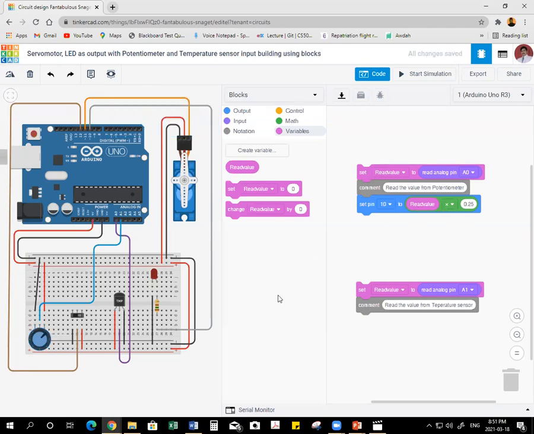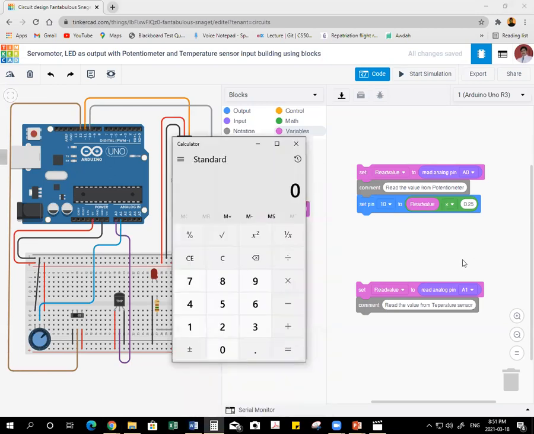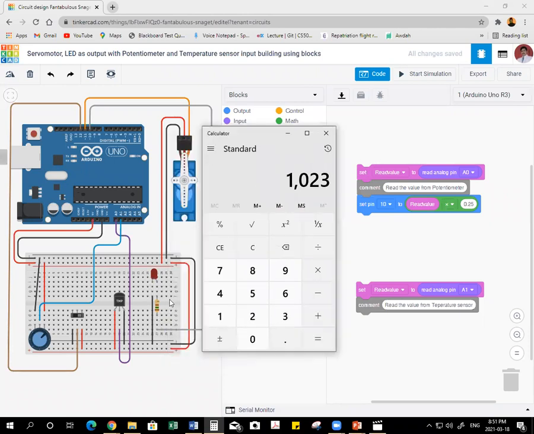If we are reading from 0 to 1023, now we have to set the pin with the read value. Read value, what is it? I will show here in the calculator. Read value is 0 to 1023, that is 1024 values. Generally from 1 to 1024 we can say that it has the read value. Now that value I have to give to the LED. There is an LED here where it is connected to pin 10. See this.